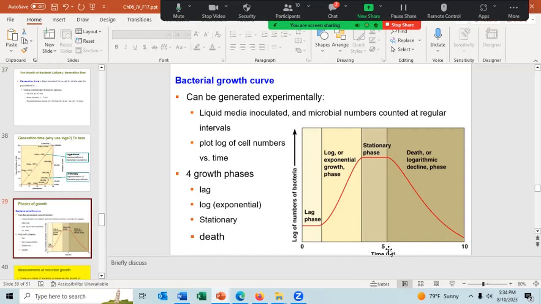Like somebody introduced a deer population to an island, I think it was on the East Coast, and the deer population followed this curve. So initially, when the deer were moved to the island, they were disturbed, so they had a lag phase. And then they were in a new place, they had to explore it before they started getting interested in each other and started reproducing.